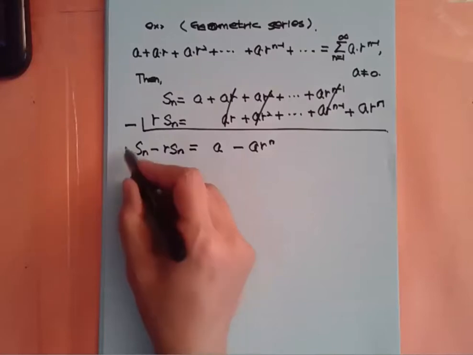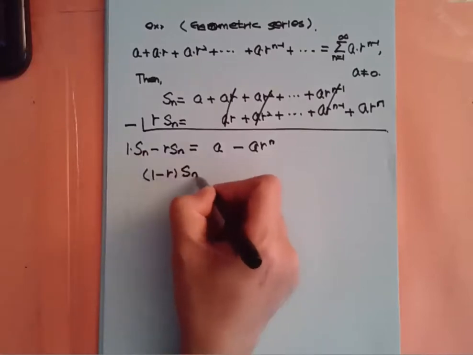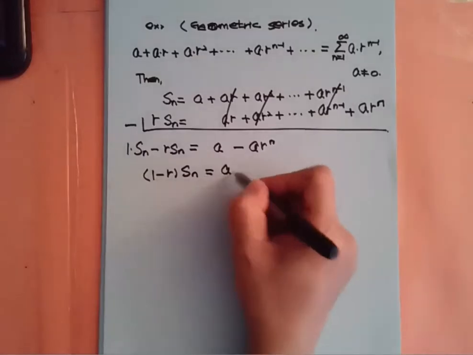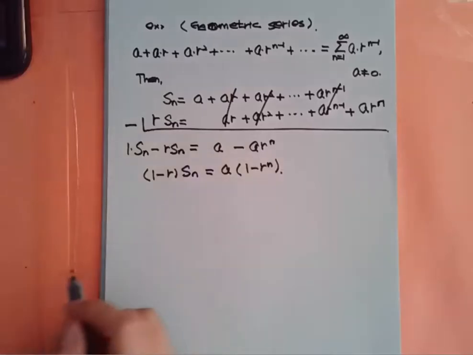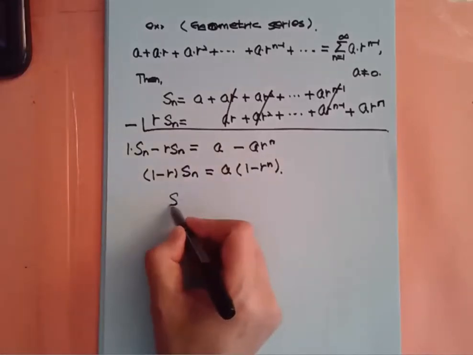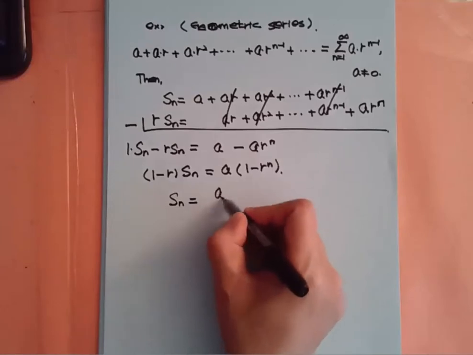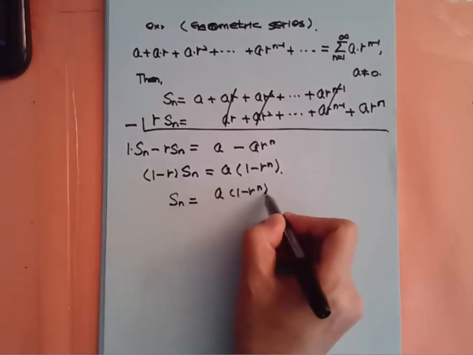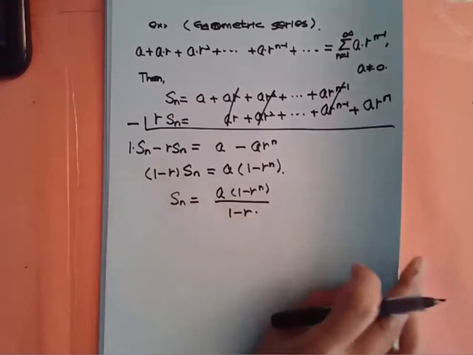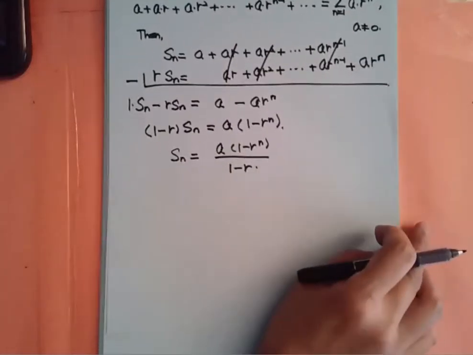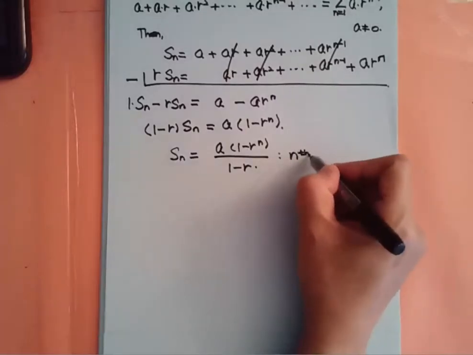So the left side becomes 1 minus r times Sn, equals a pulled out, times 1 minus r to the n power. So Sn equals a times 1 minus r to the n power over 1 minus r. So this is the nth partial sum when the geometric series is given.